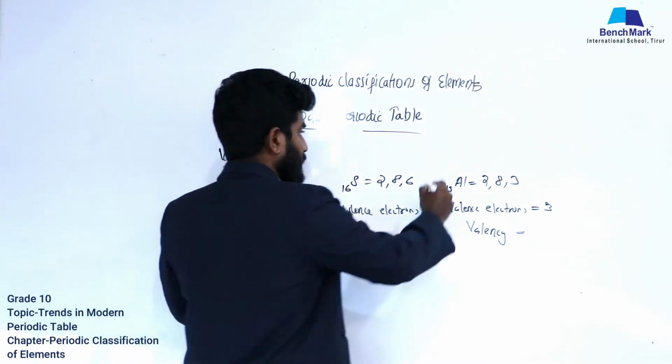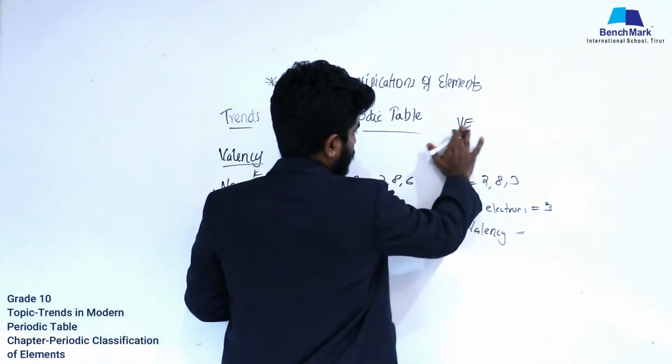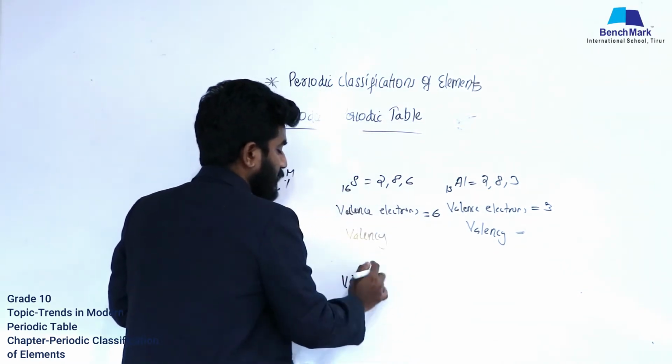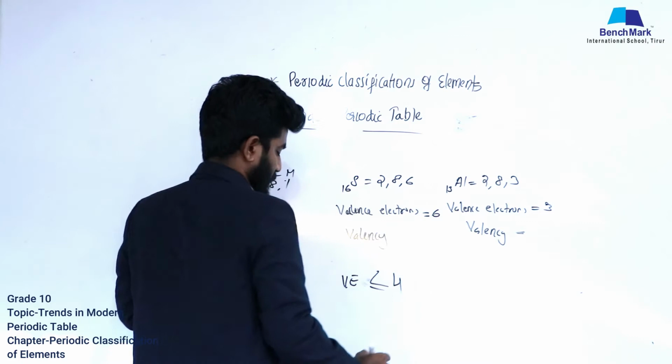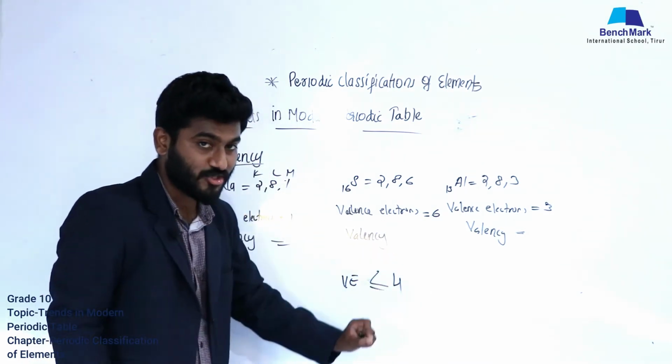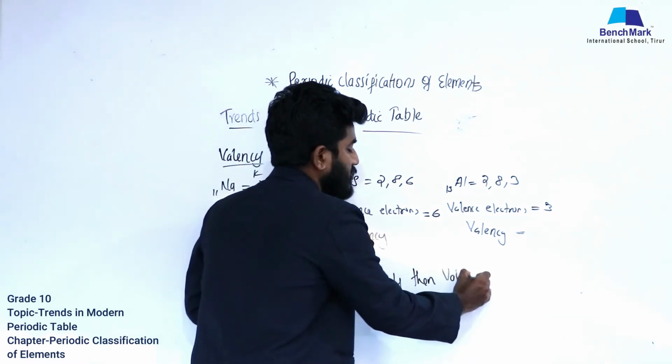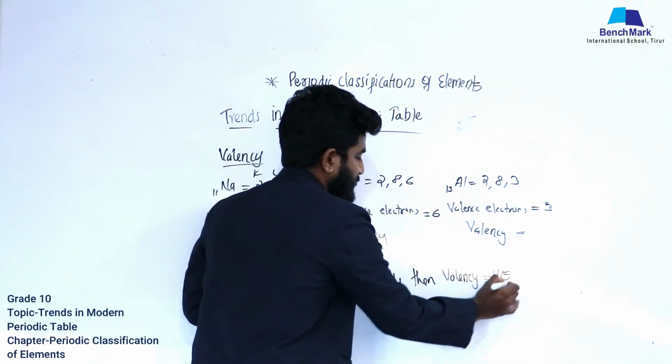How? If the valence electron is less than or equal to 4, then valency will be equal to valence electron.